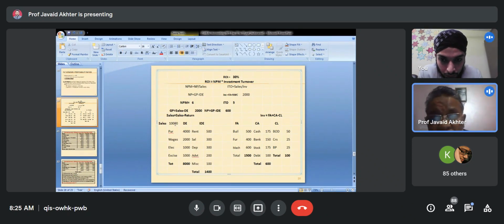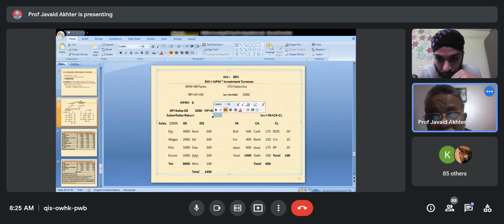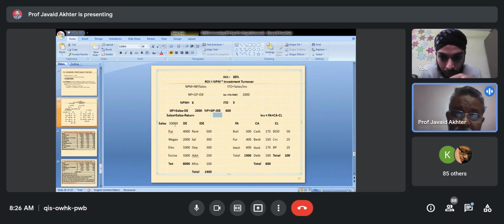This 10,000 you have entered, but this 6 and 5 and 600, these are again not entered, but these are formula driven. How are these formula driven? Suppose you wish to find out indirect expenses. You wish to find out gross profit. How would you find out gross profit? Sales. You know the sales figure.